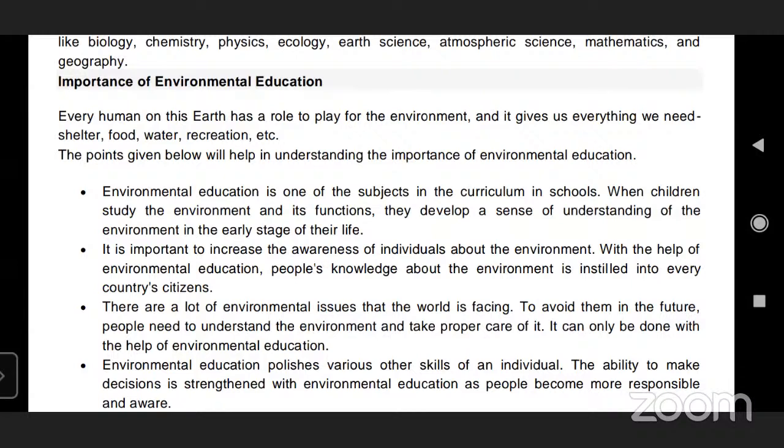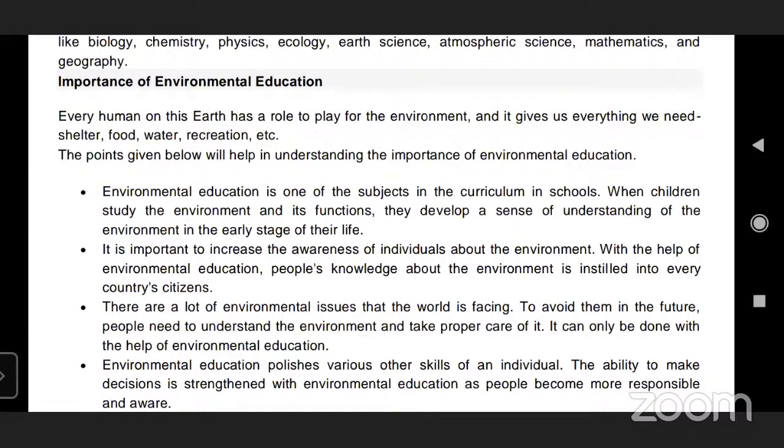Coming to the second point, it is important to increase the awareness of individuals about the environment.